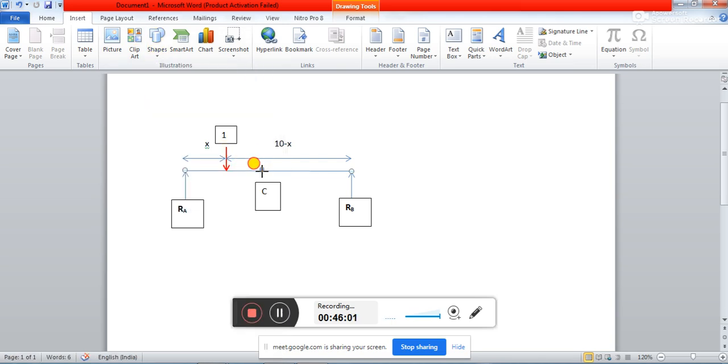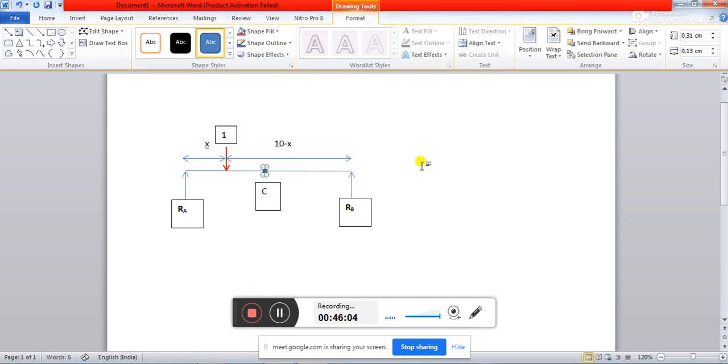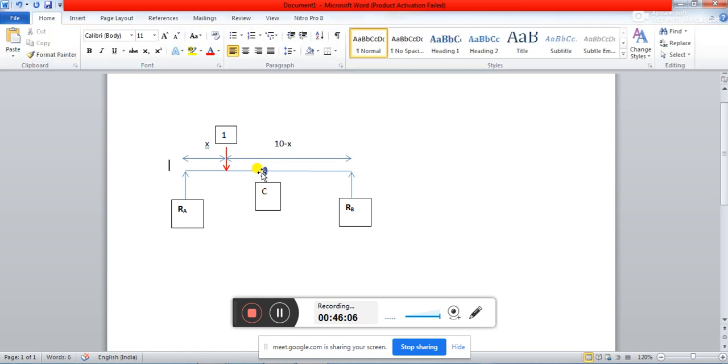So it is somewhere here, from this to this it is 5 meter, from this to this it is 5 meter.